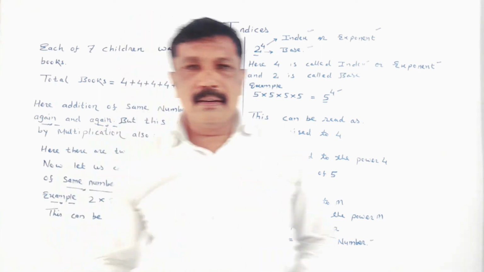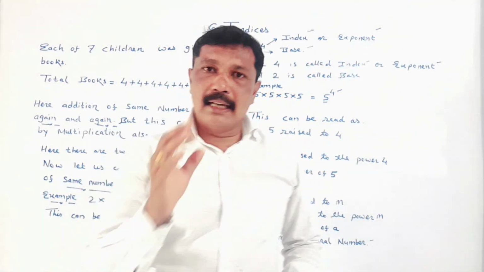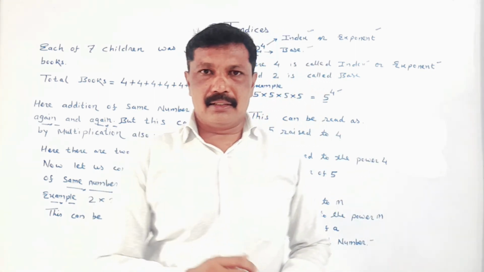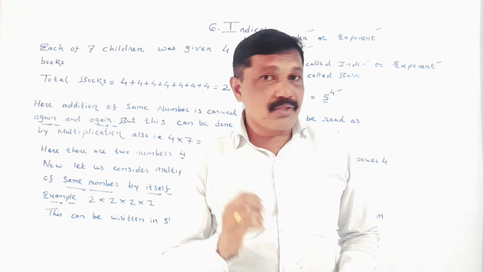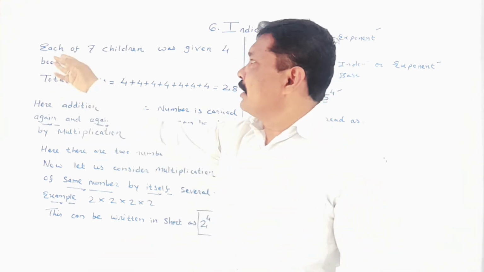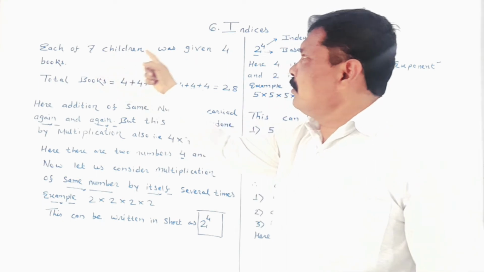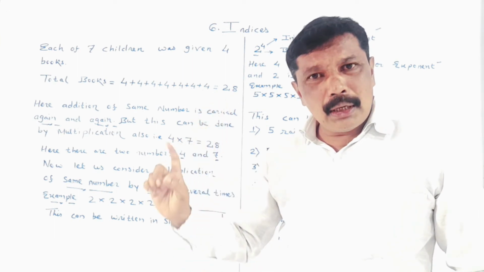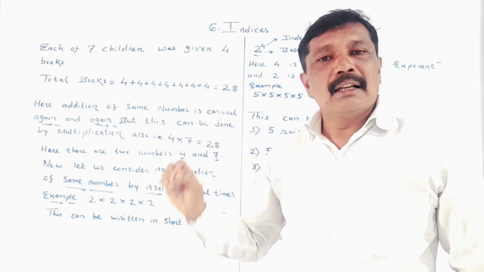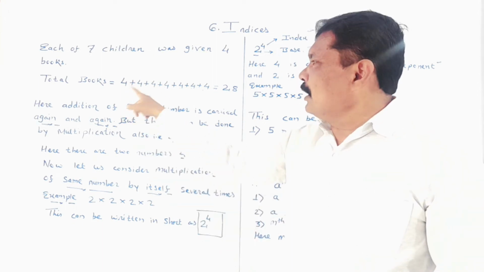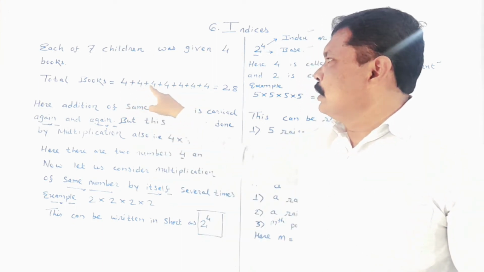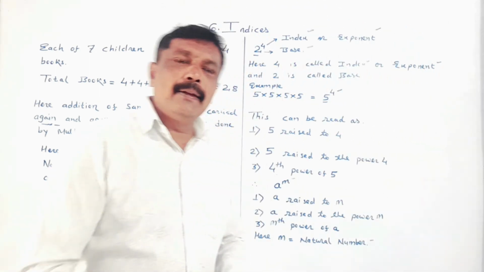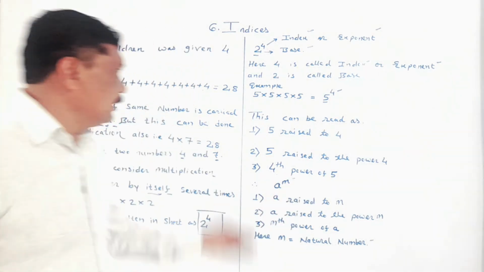My dear student, we are studying indices, but in lower classes we have studied addition and multiplication. Let's recall what we have studied in the lower classes. If 7 children were given 4 notebooks each, then to find the total number of notebooks, we can add 4 seven times. 1, 2, 3, 4, 5, 6, 7. 7 times we have added 4, and we got the answer 28.